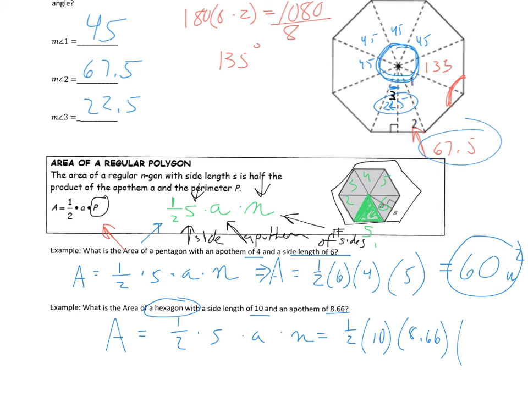So how many sides does a hexagon have? Hexagon has 6 sides. So when we multiply all that together, 6 times 10 times 1/2 times 8.66, we get a total of 259.8 units squared.